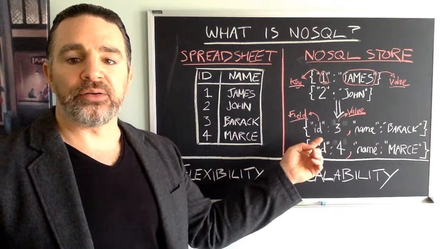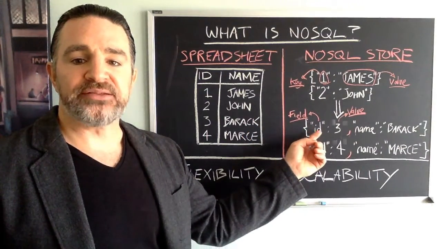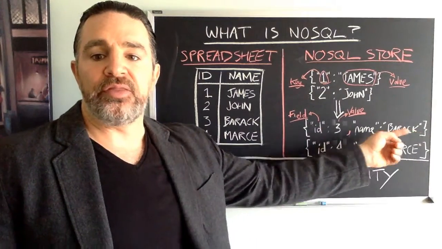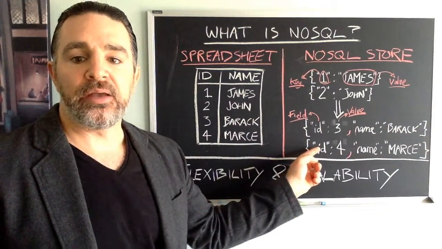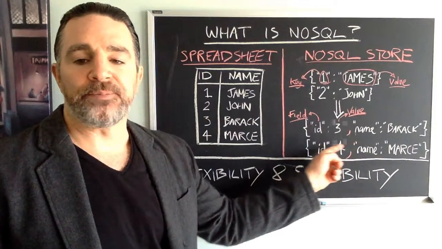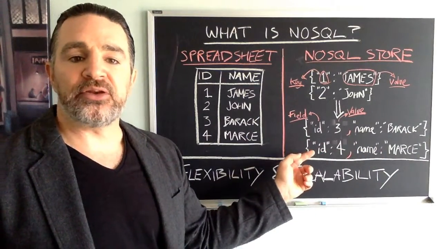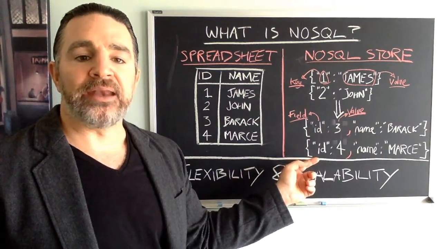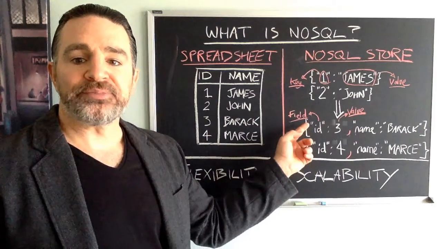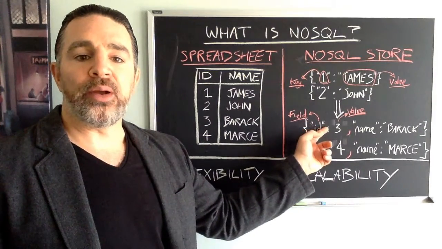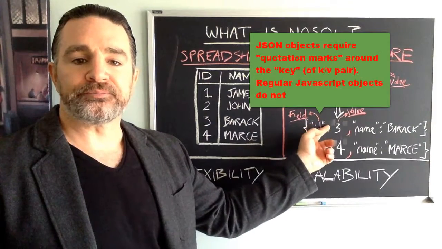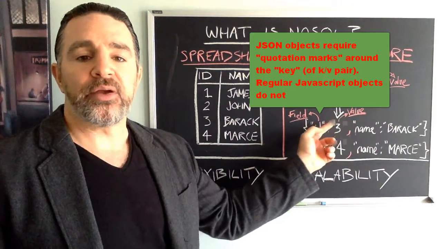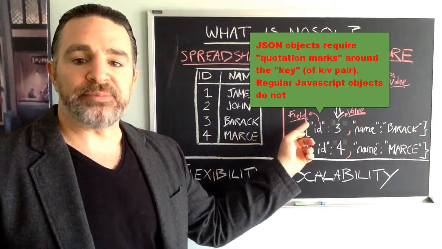Now, the structure of a JSON object, and these 2 objects here could be considered JSON objects. The only difference between a JSON object and a regular JavaScript object is that the keys will always have speech marks around them.